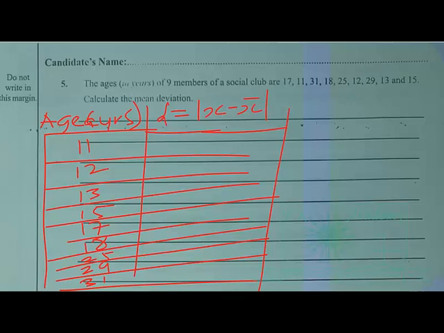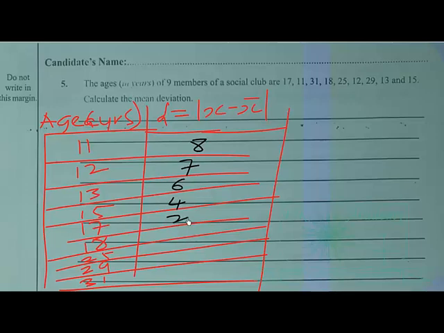Let's look for the deviation. So 19 minus 11, absolute value is 8. Then 19 minus 12 is 7, absolute value is 7. Then 19 minus 13 is 6. Then 19 minus 15 is 4. 19 minus 17 is 2.